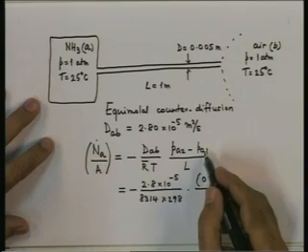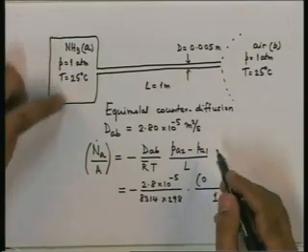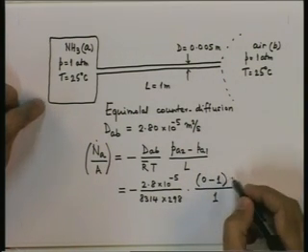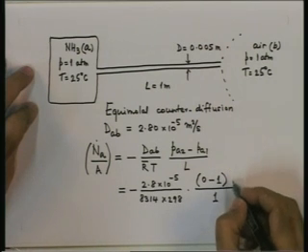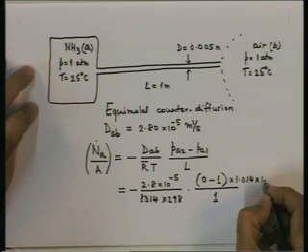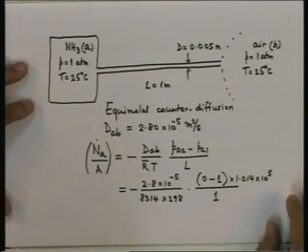The partial pressure of ammonia in the tank, it is full of ammonia, so it will be 1, but this is atmospheres, so we will multiply it by 1.014 into 10 raised to 5 to convert it into Pascal or Newton per meter square.